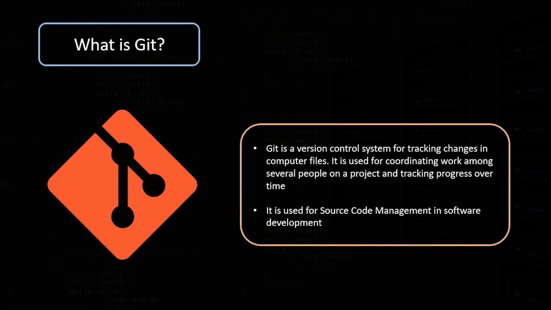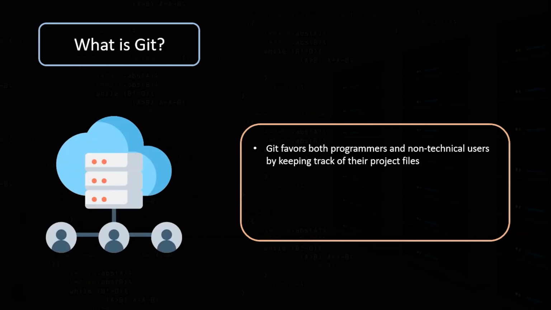You will be able to get the complete status and stats from this version control system. It's mainly used for source code management in a software development process or team. It's a very important and key tool for any development project. Development cannot survive without a Git version control system.